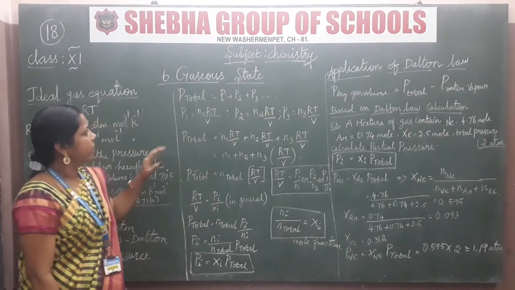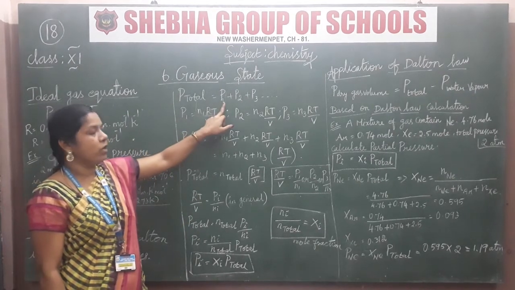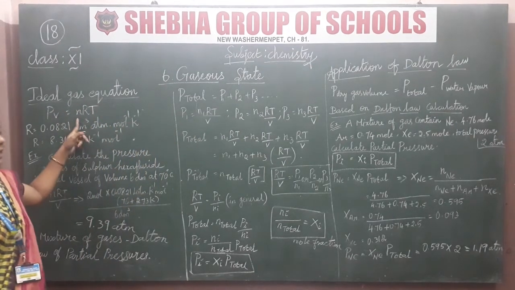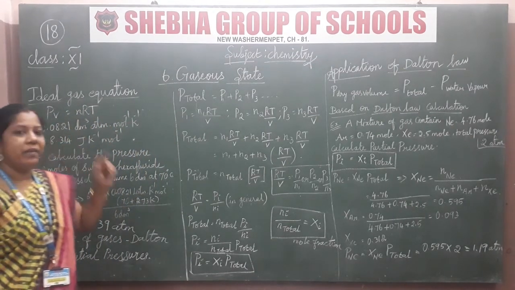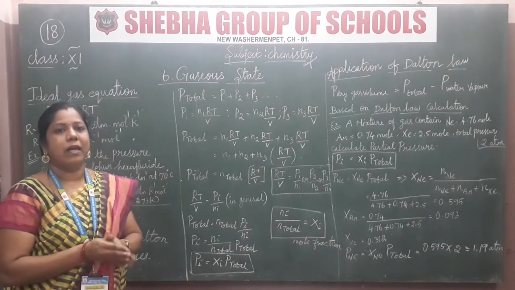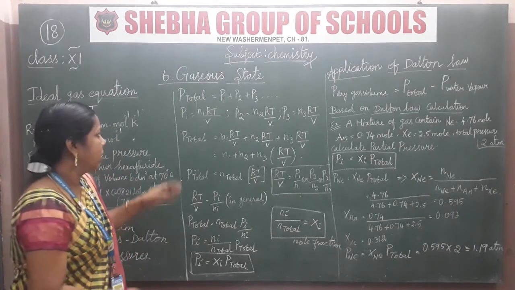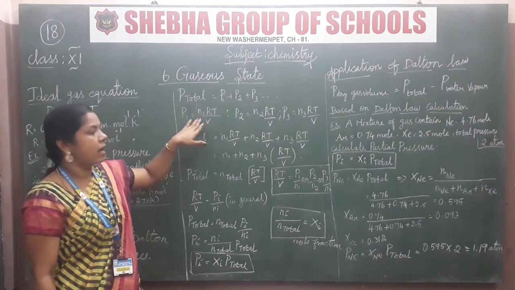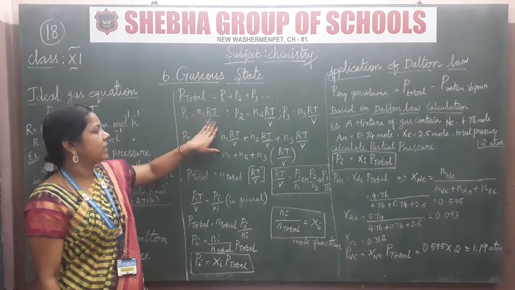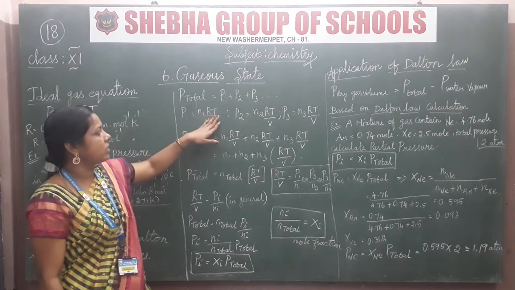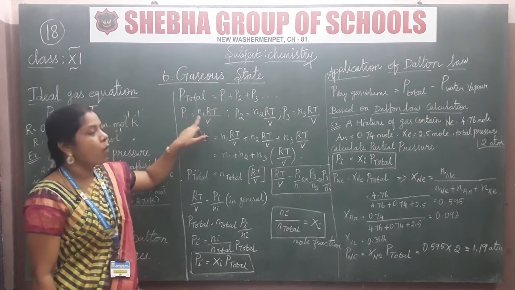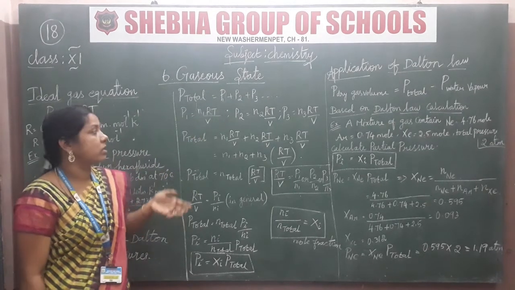Okay students, now I am going to write down the P1 value using what? Yes, exactly, PV is equal to nRT, that is the ideal gas equation. So P1 is equal to N1, the number of moles, times RT by V. RT by V is constant, it never changes; we only change the number of moles.